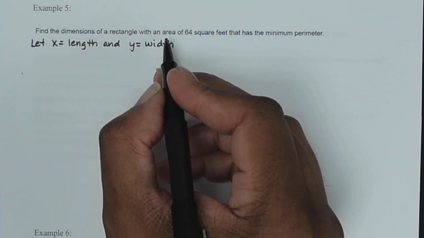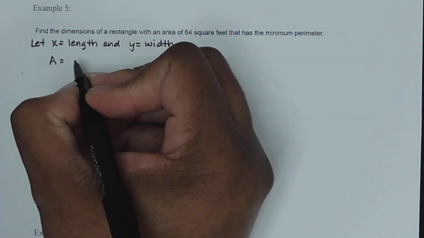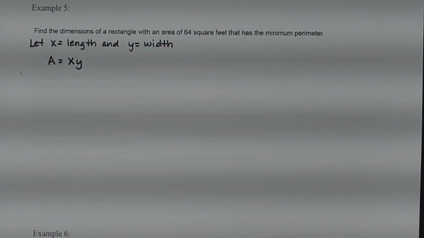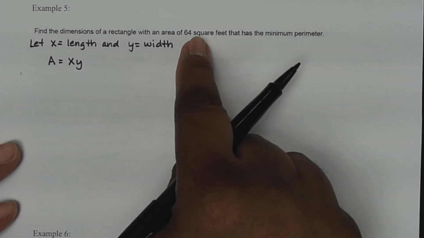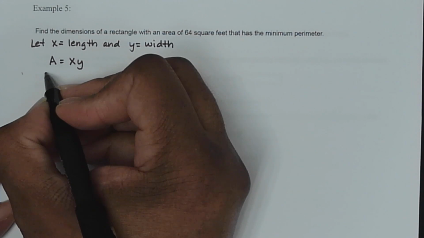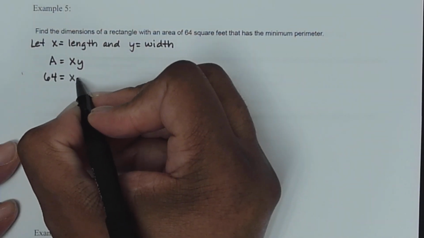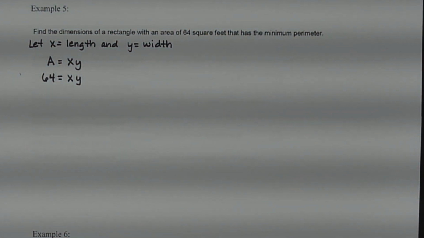Now, we know that it has an area of 64 square feet, so the formula for finding the area of a rectangle is length times width. So A is equal to x times y. And our area is 64 square feet. That's given to us, so I can just replace the A for the area with 64. So I have 64 is equal to x times y.